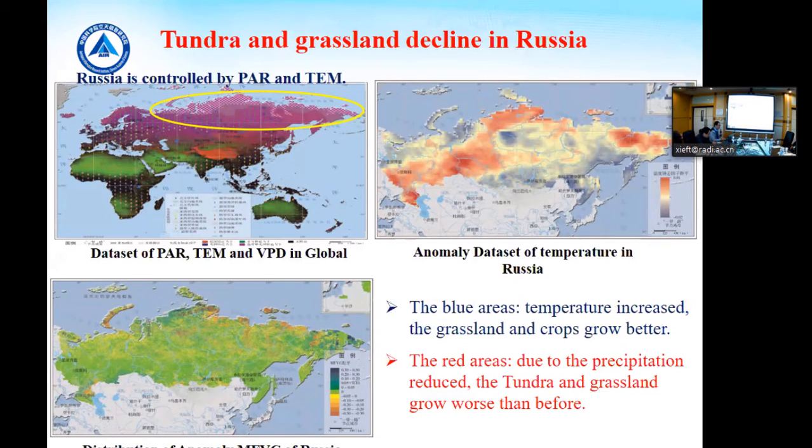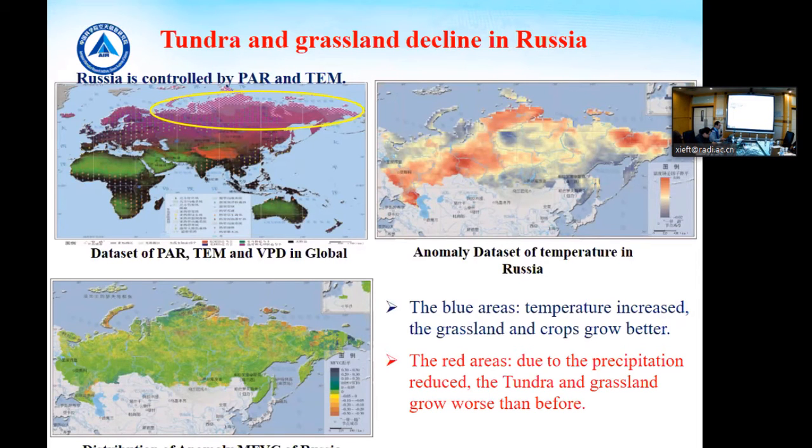And the temperature rises in the Siberian plateau saw an obvious decrease, as shown in the green region, which means a rise in the temperature. This leads to a significantly better growth of tundra and farmland in this area.